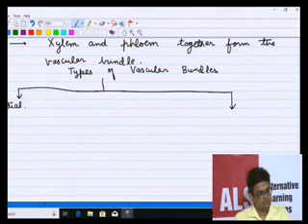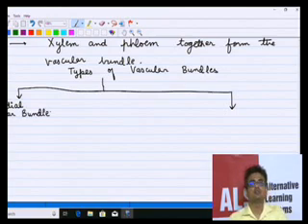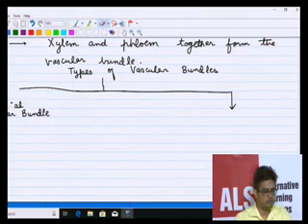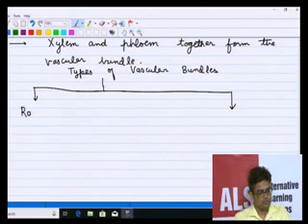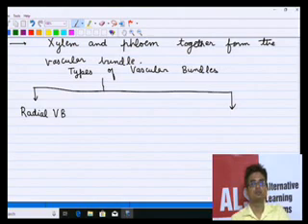Radial vascular bundle. Wait a second. Okay, I hope it is visible now. So, radial vascular bundle. In short, I will write it VB. Radial vascular bundle.